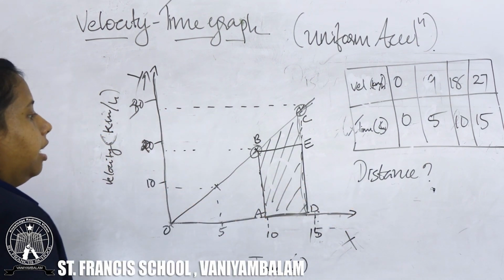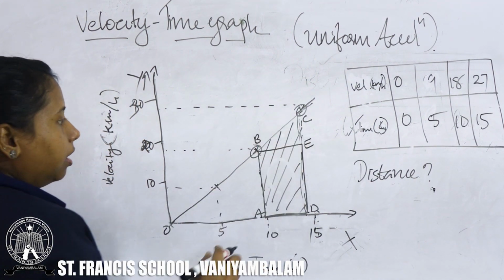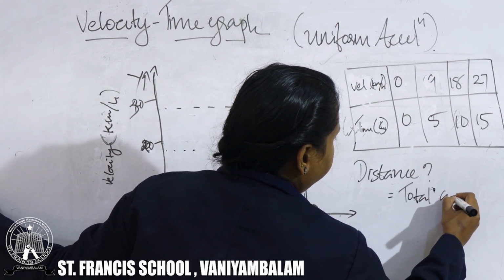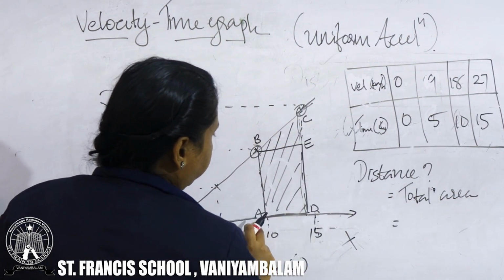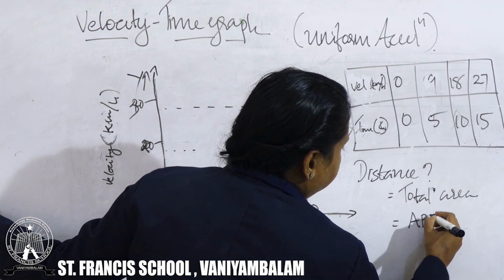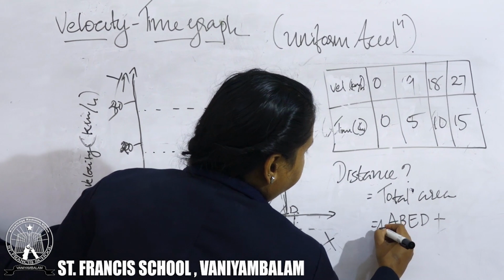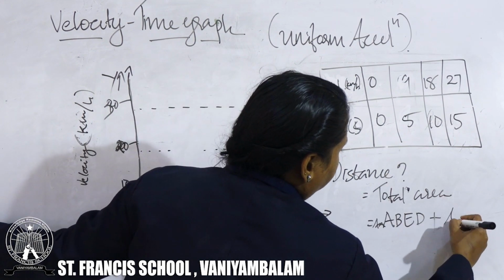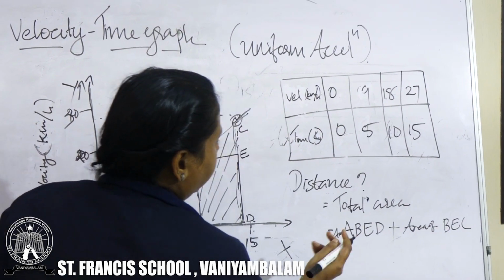What is total area? Area of rectangle plus area of triangle. Distance is equal to total area. Area is equal to area of rectangle ABED plus area of BEC.